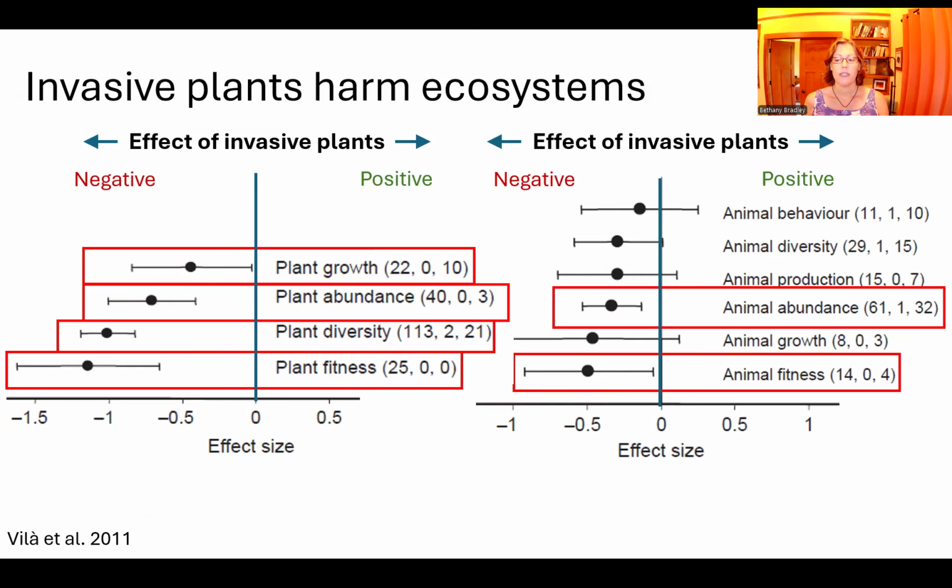So these graphs generally tell us that invasive plants lead to lower plant growth rates, lower plant abundance, diversity, and fitness, and also lower animal abundance and fitness. So good evidence, and this is actually from a 2011 meta-analysis that was a synthesis of literature through 2009. So we've got a lot more evidence today, but even as of 2009, this is a very clear pattern.